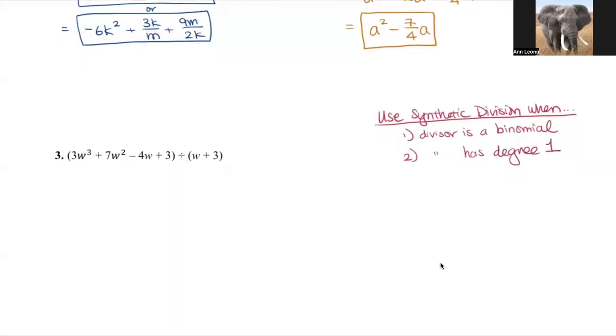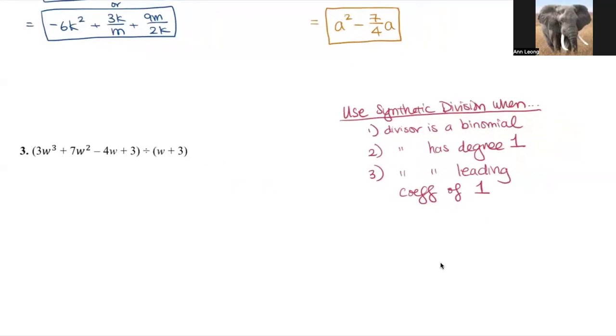This divisor is w to the first power, so that's okay. Usually it's easiest when the divisor has a leading coefficient of 1. You can do synthetic division when it's not, but it's just easier. Number 3 is not as important, but the first 2, you definitely want to make sure are true before you use synthetic division.